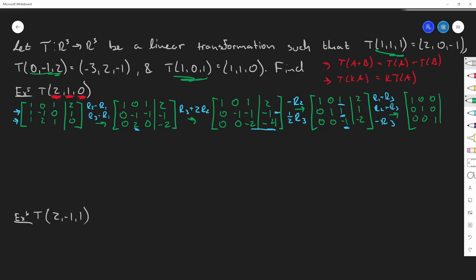So 2 minus 2, 0. 1 minus 2, -1. And then this becomes positive because it's negative. And that is our k's.